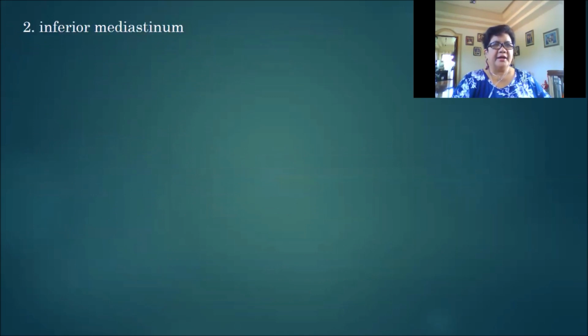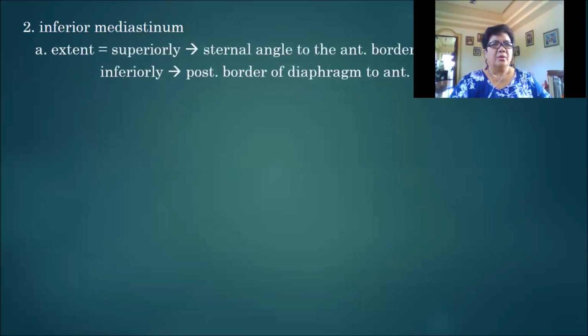Now, another division is your inferior mediastinum. It will extend superiorly from the sternal angle to the anterior border of T4. So the superior extent of the inferior mediastinum is the inferior extent of the superior mediastinum.